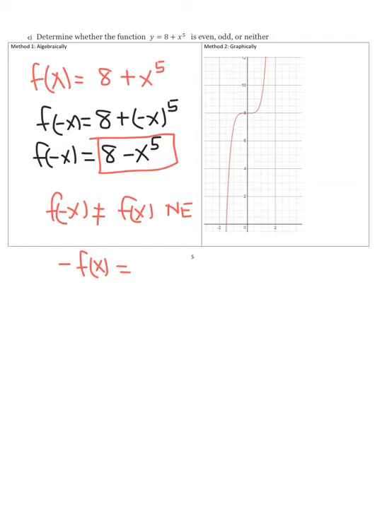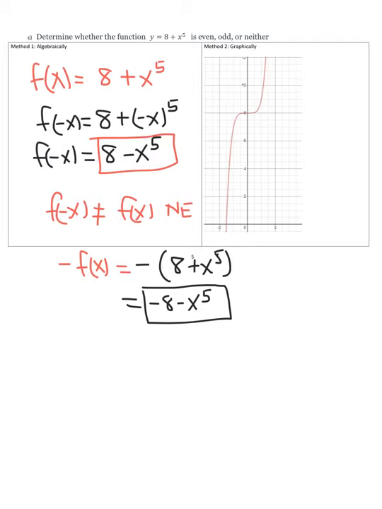So you take the function 8 plus x to the power 5. So this becomes negative 8, negative x to the power 5. And is that the same as what I obtained? No. Let me make some conclusions here.